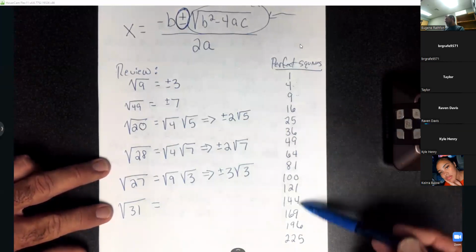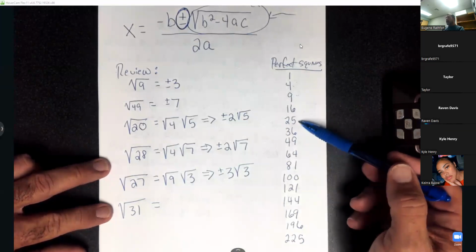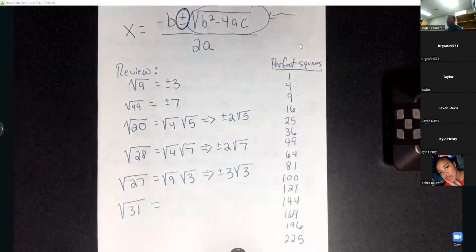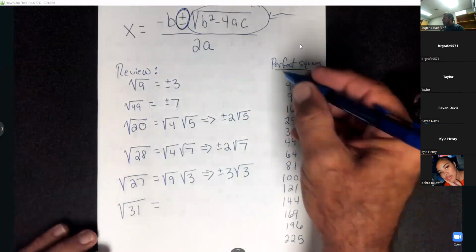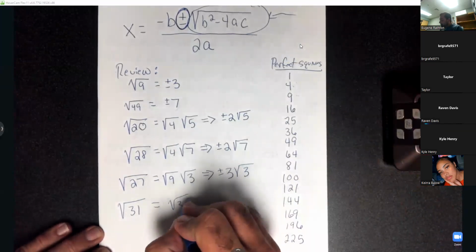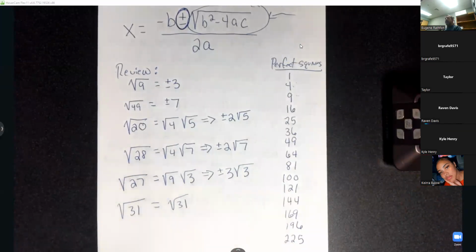And everything else is getting a little too big. So since it does not simplify with any of these perfect squares, it would stay a square root of 31. Okay.